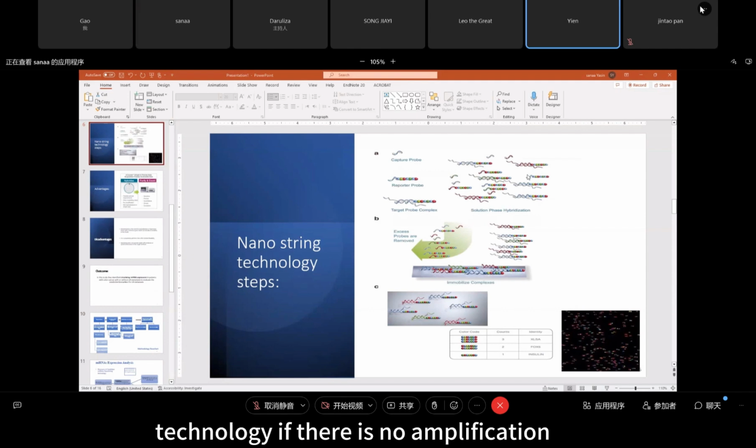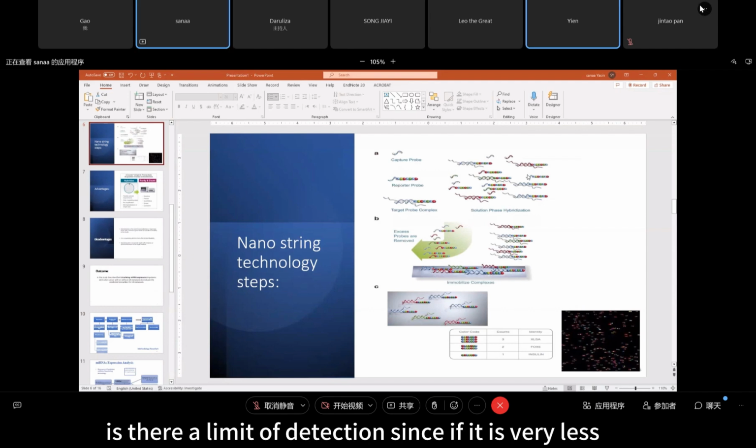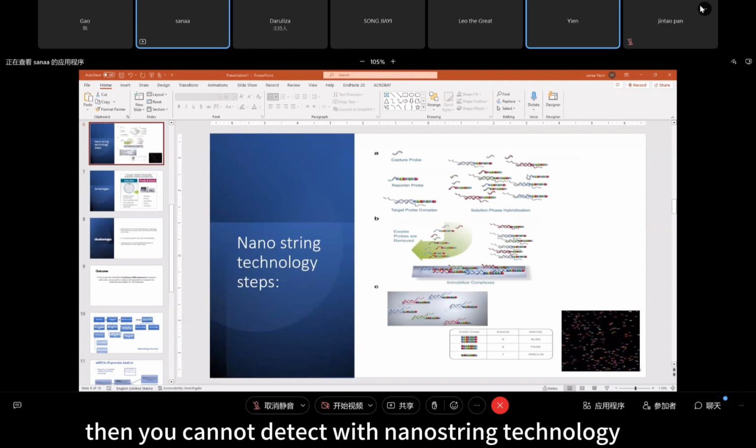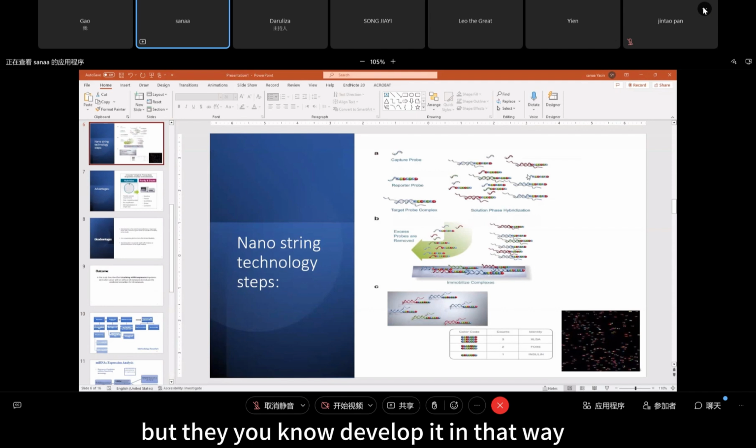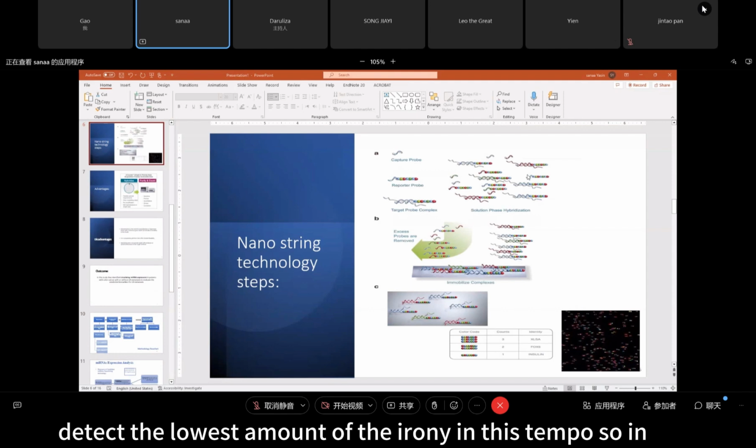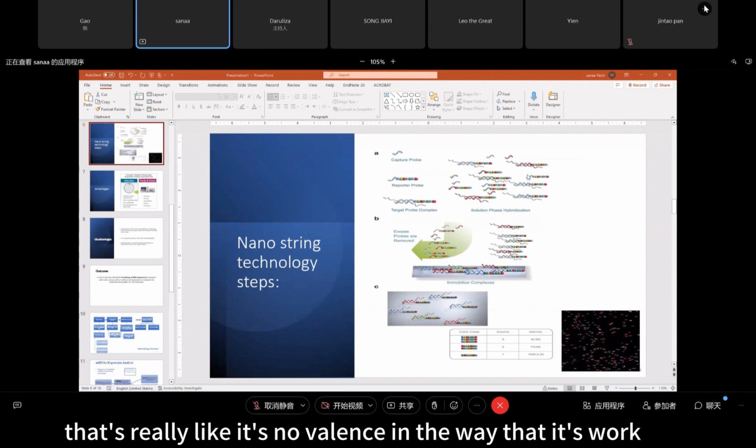If there is no amplification, is there a limit of detection? Yes, if it is very low, then you cannot detect it with NanoString technology. This is one of the drawbacks of this technology, but they developed it in a way that it can specifically detect the lowest amount of RNA in the sample, so it's balanced in the way that it works.